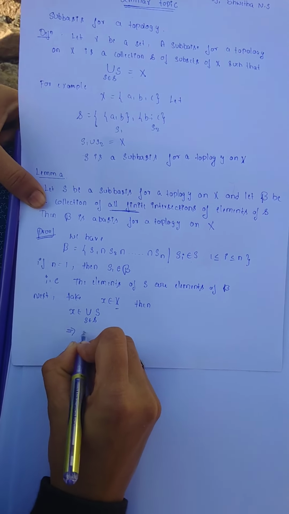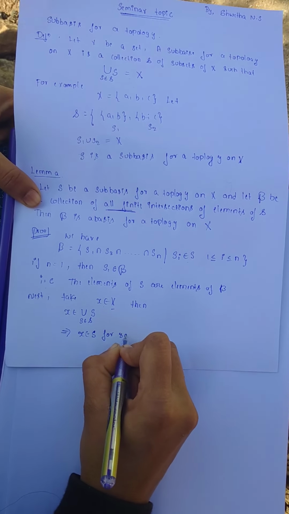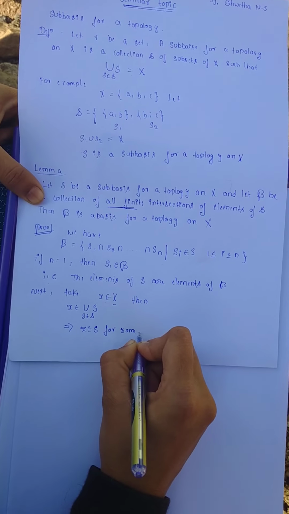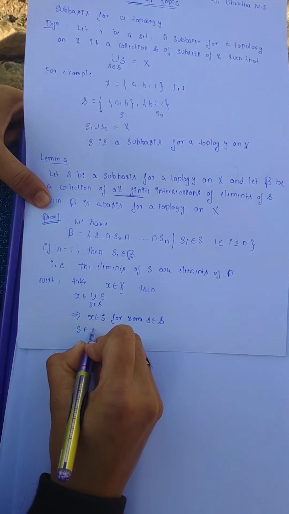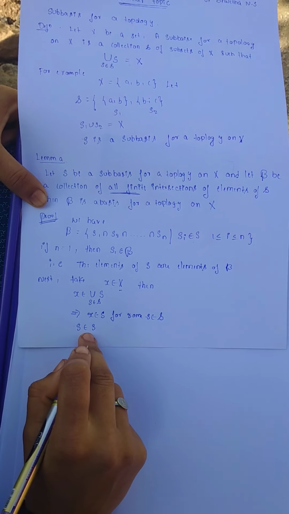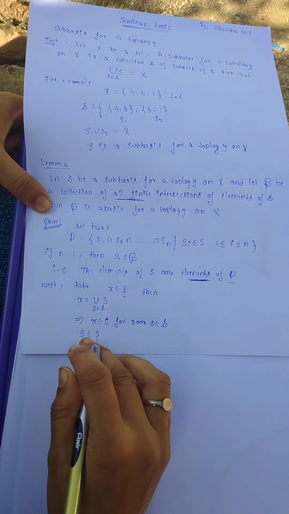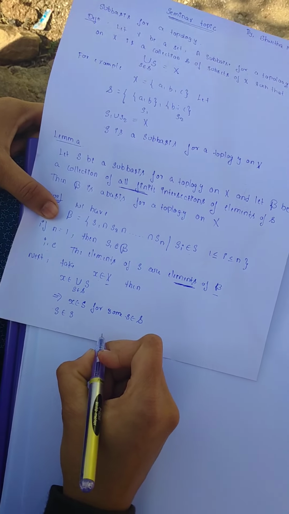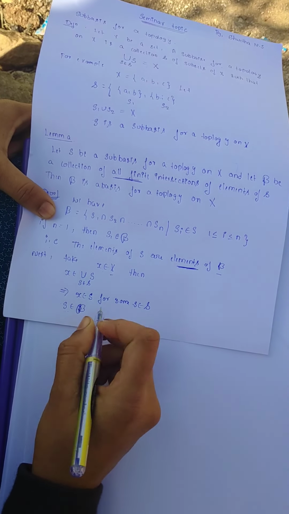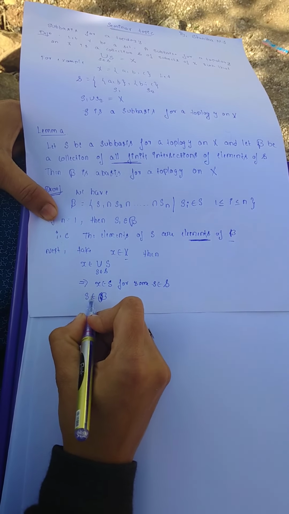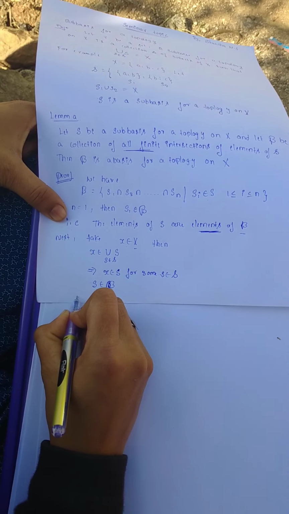This implies that x belongs to S for some S. But S belongs to S, and S is an element of B, because every element of S is an element of B. So S belongs to B. Therefore, the first condition is satisfied.